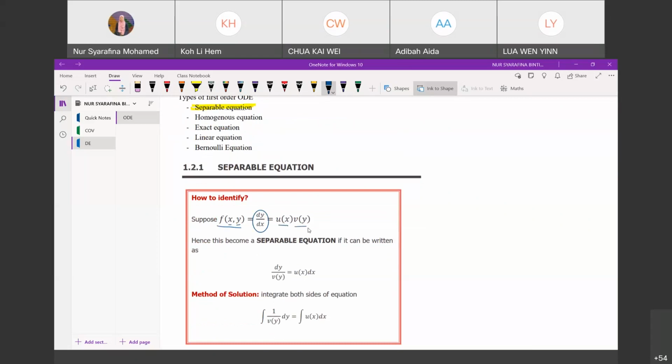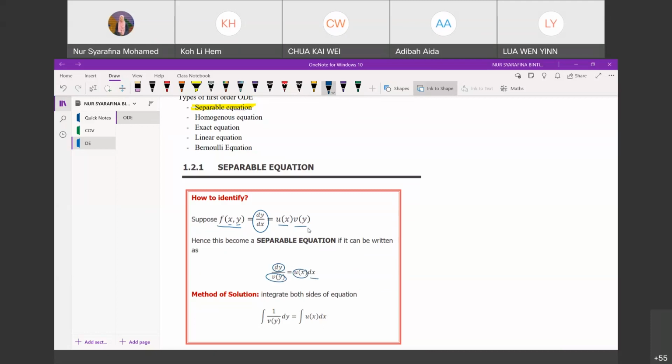Hence this becomes a separable equation if it can be written as this, where we can separate the function of y together with dy, a function of x together with dx.